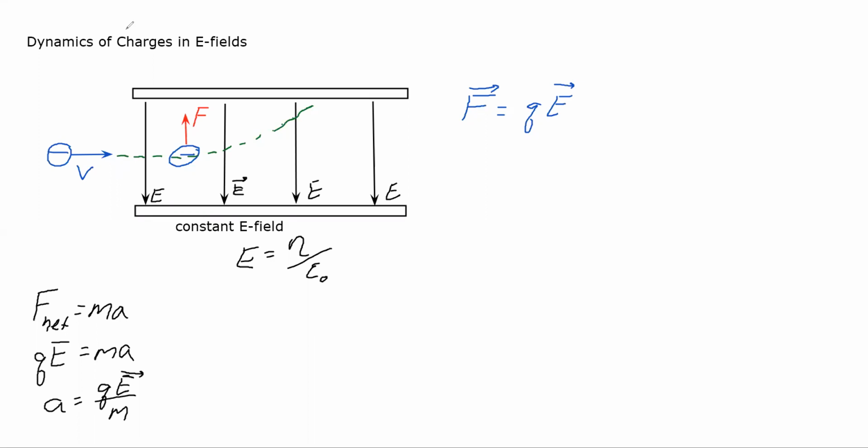That indicates that our acceleration is going upwards, right? So we do expect an upwards acceleration here. Okay, so here's our acceleration. This will be in our y direction, ay.